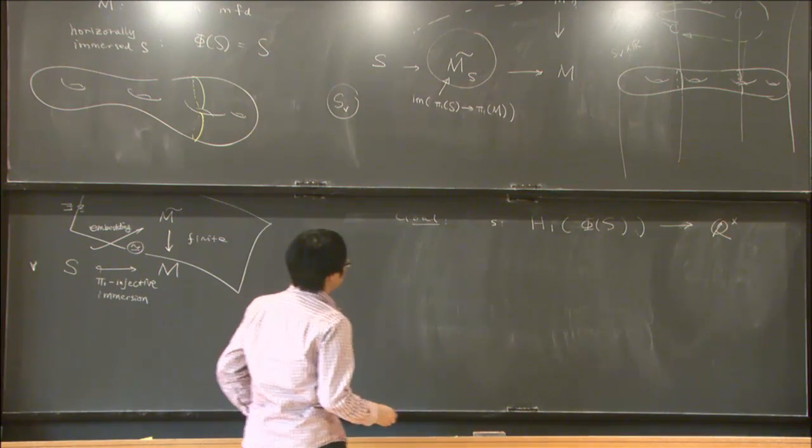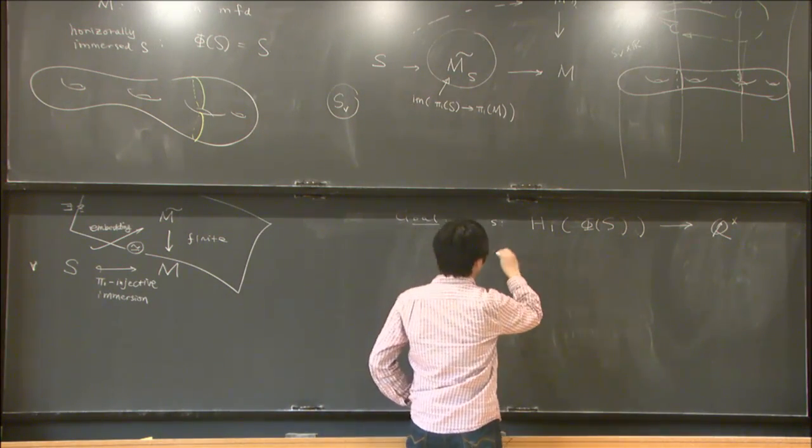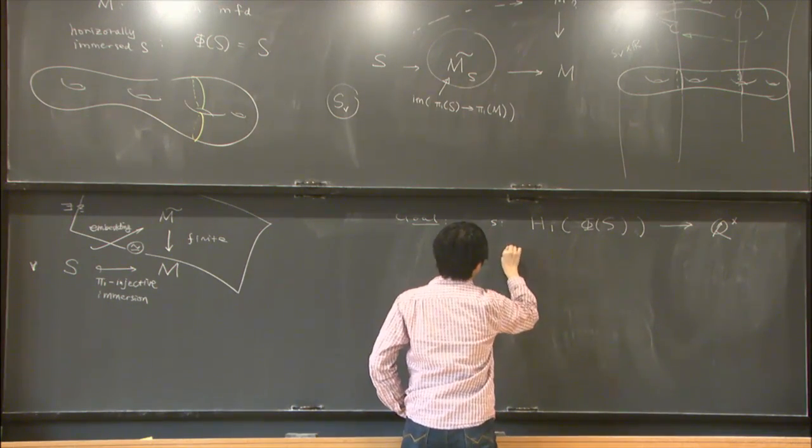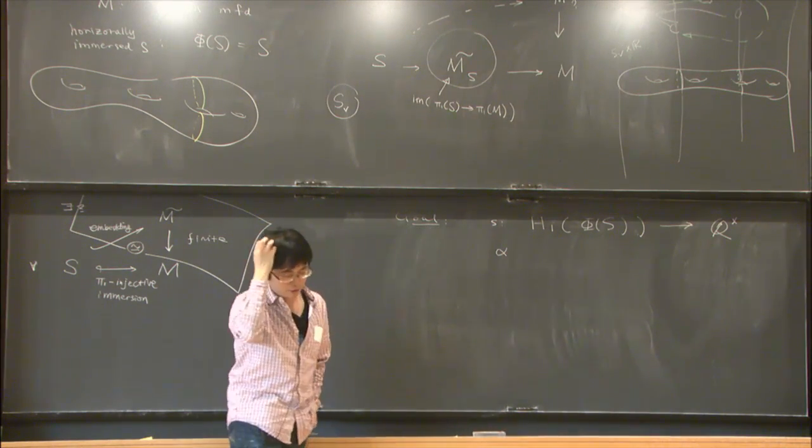Okay, it turns out it's quite easy to describe this invariant in terms of topological data.